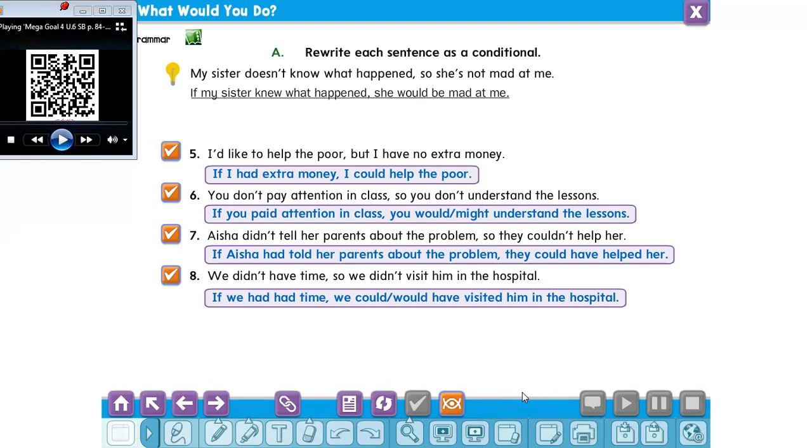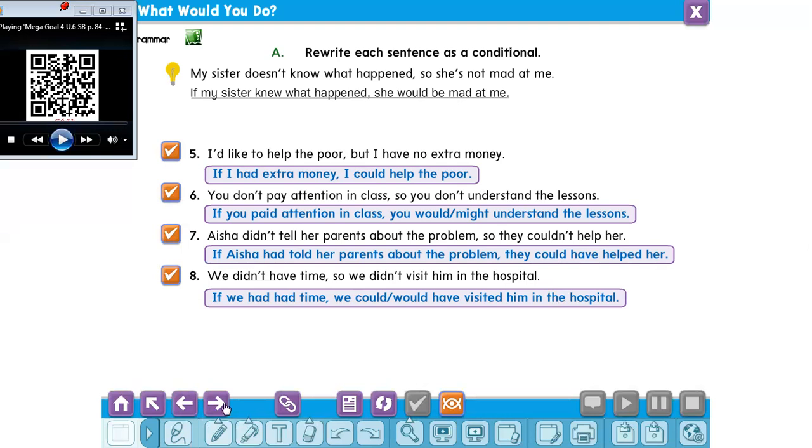As you see here, if we look carefully at sentence number 5, we find the sentence is in present. So we use the past simple in the if clause, and could plus the infinitive in the other sentence. But here in example number 7, because the action is in the past, we have to use the past perfect in the if clause, and in the other sentence we use could, would, or might, and have plus past participle.